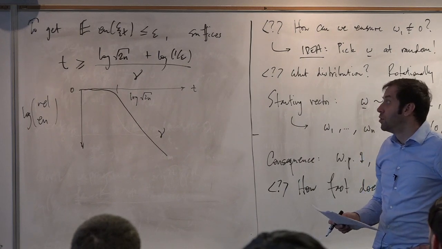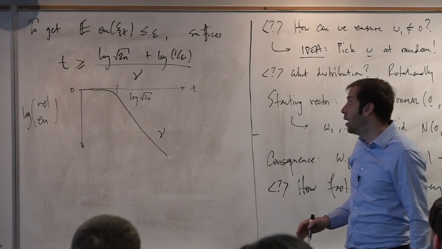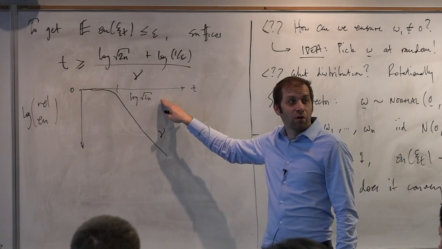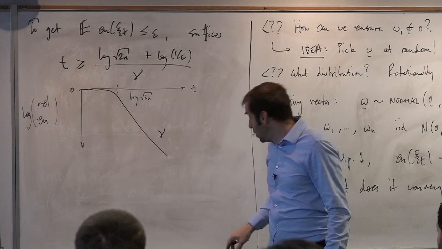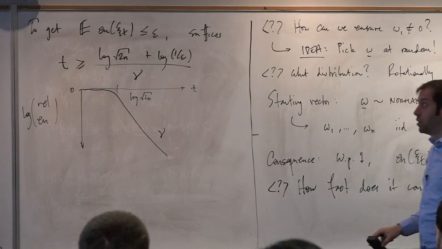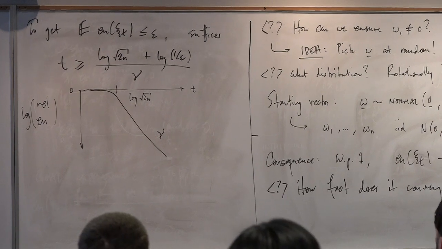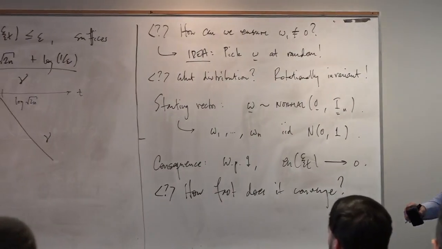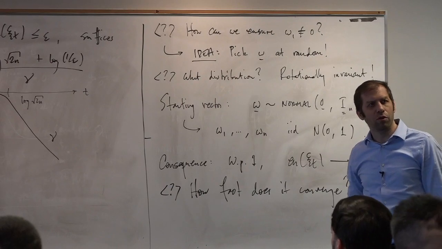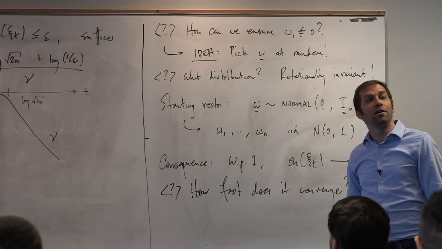So, beautiful fact, and this is actually necessary in general, this burn-in period. You actually need log n steps for the worst case problems to get a non-trivial estimate of the maximum eigenvalue. So this is actually a result due to Arcadi.